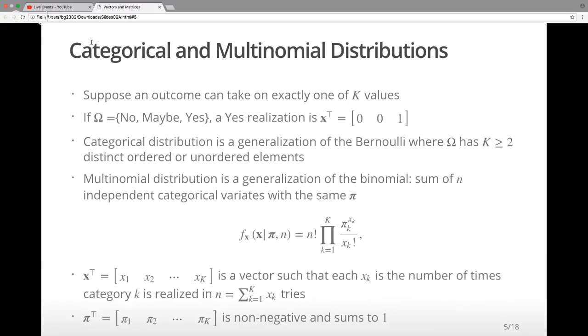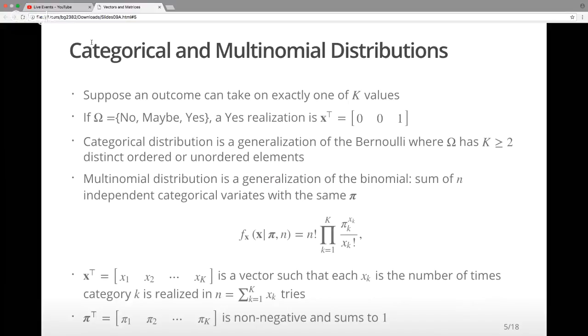So a vector representation of this response would be a vector with first element 0, second element 0, and third element 1. This is known in the engineering literature as one-hot encoding, where you have a vector, all of the elements are 0 except the one that the person responds to.